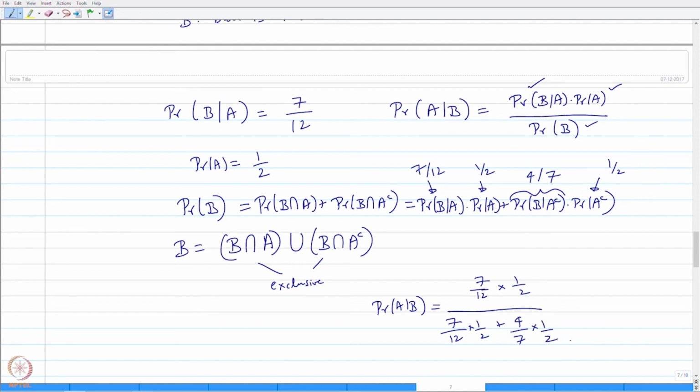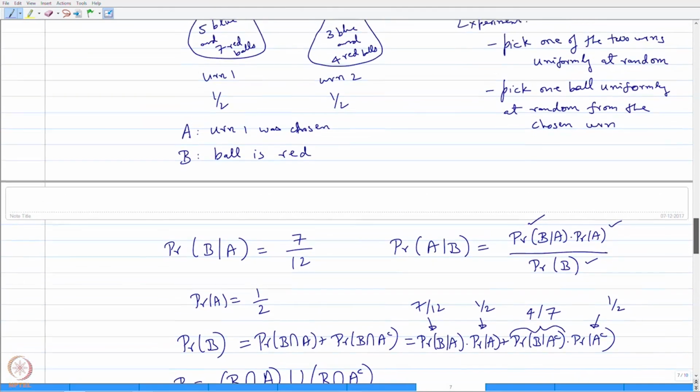One can simplify this: the 2 will cancel throughout, and then you multiply by 12 into 7 and you get 49 in the numerator divided by 49 plus 48. 49 plus 48 is 97. So that is the probability that urn 1 was chosen given that the ball was red.